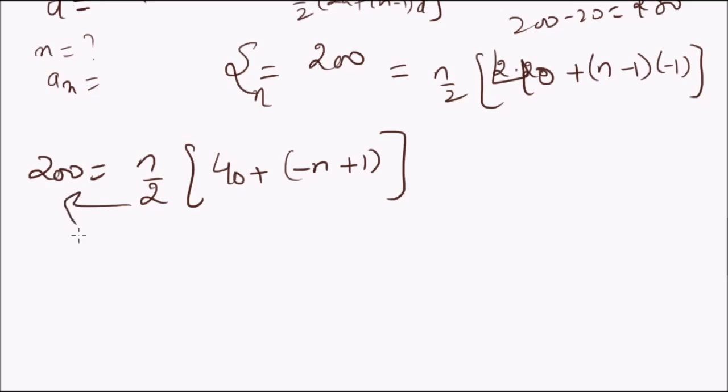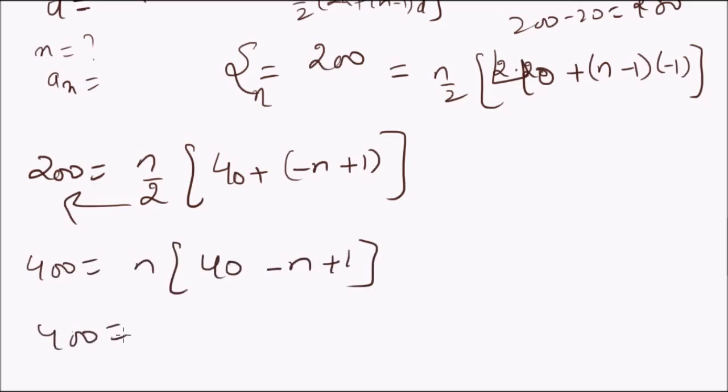Bringing this 2 to the left hand side, we get 2 in the numerator, and the product will become 400 equals n into (40 minus n plus 1), or 400 equals 40n, or better 41n, because 40 plus 1 is 41, minus n square.